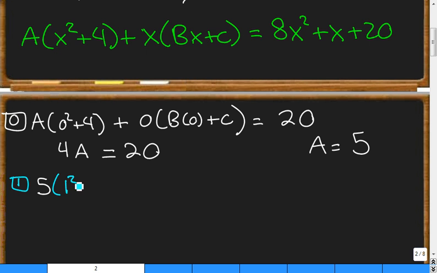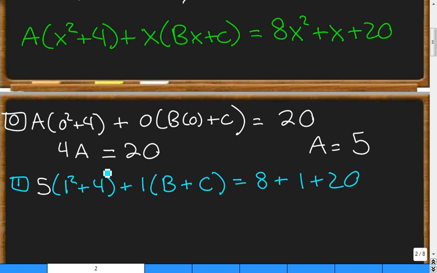So we get 5 times (1 squared plus 4) plus our x, which again we picked 1, times (B times 1, which is just B, plus C), equals 8 times 1, which is 8, plus 1 plus 20. So over here, this is going to be 5 times 5, which is 25.